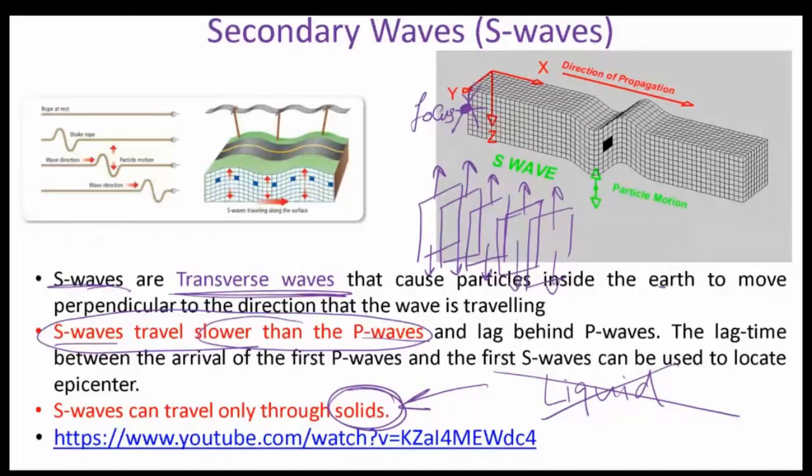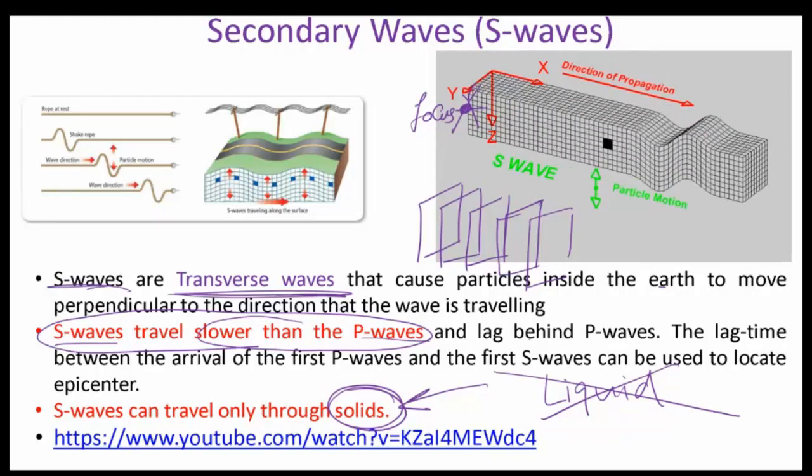But in the liquid, what about the friction? It's almost very low. In the liquid, there is no friction, or the friction is very low. So the attraction forces between the layers of the liquid is a very small force.